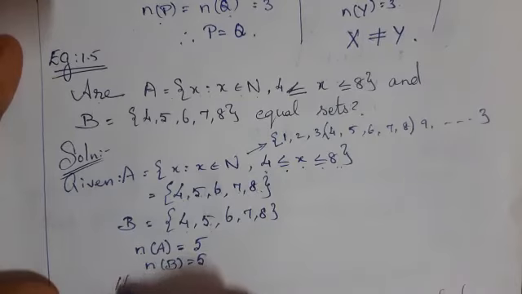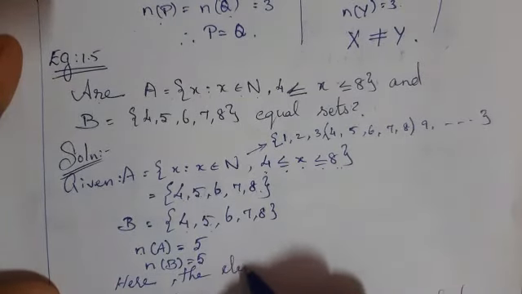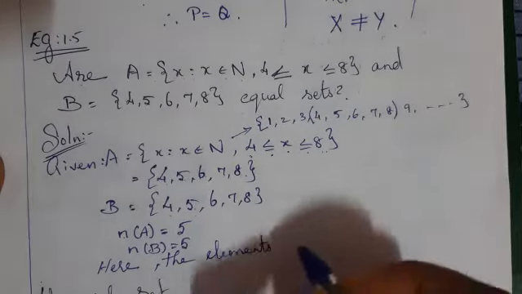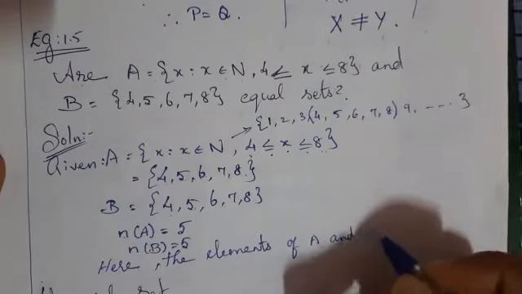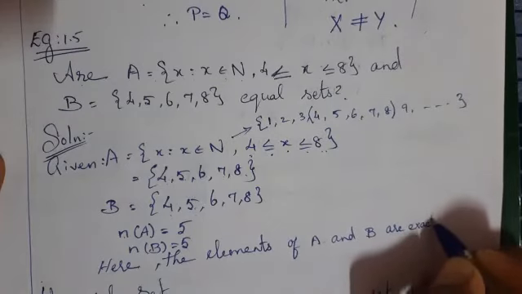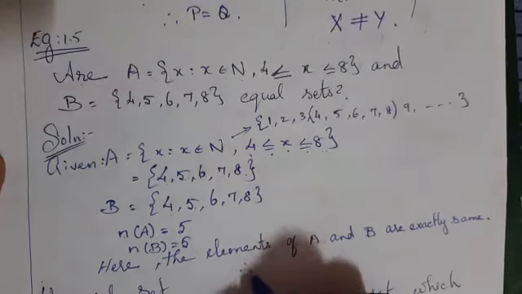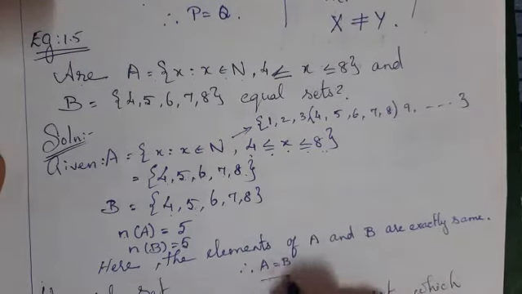Therefore, the elements of A and B are exactly the same. Therefore, capital A is equal to capital B.